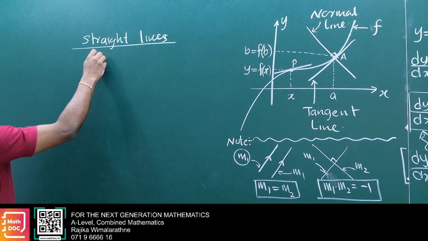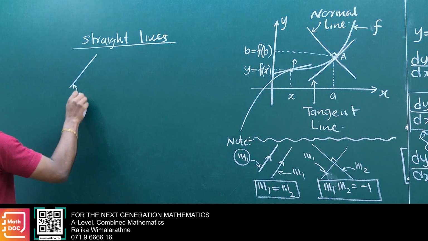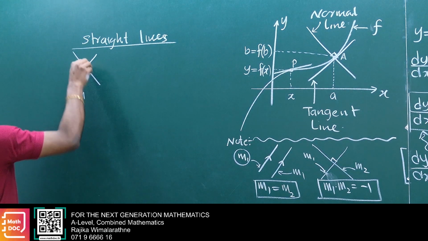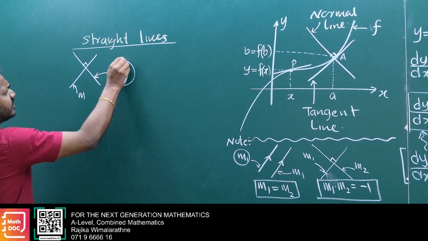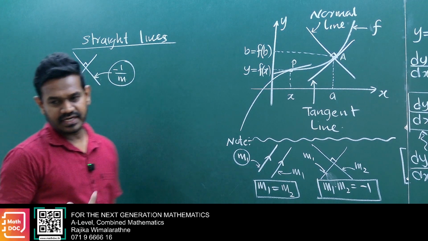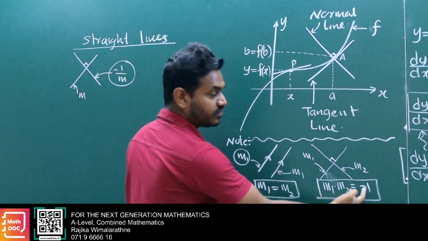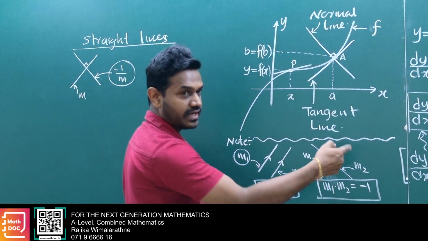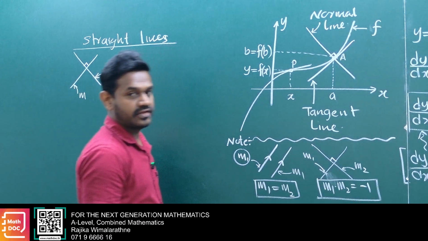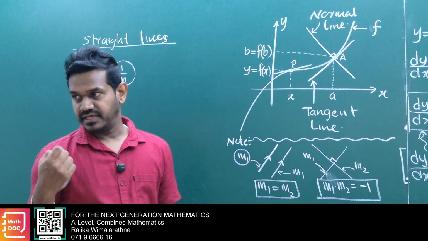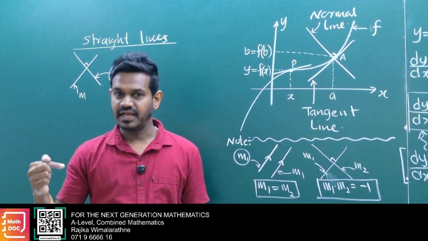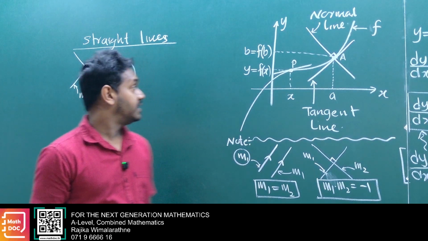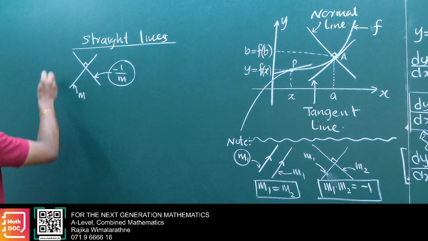Here you consider a gradient m, a line perpendicular to that has gradient minus 1 over m. Then m1 times m2 equals minus 1, no? Then m2 equals minus 1 over m. Then if you need to find the gradient of the perpendicular line, you take the reciprocal and reverse the sign.